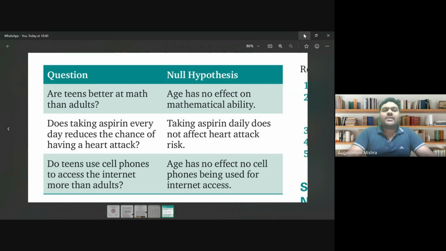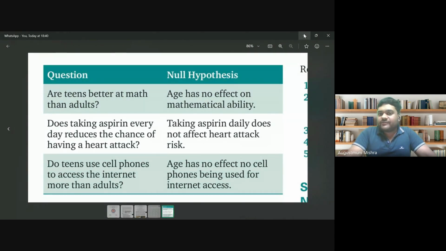Here the question is about teens and adults. In the null hypothesis, it is written that age has no effect on mathematical ability. It is covering the broad area. Similarly, does taking aspirin every day reduce the chance of having a heart attack?